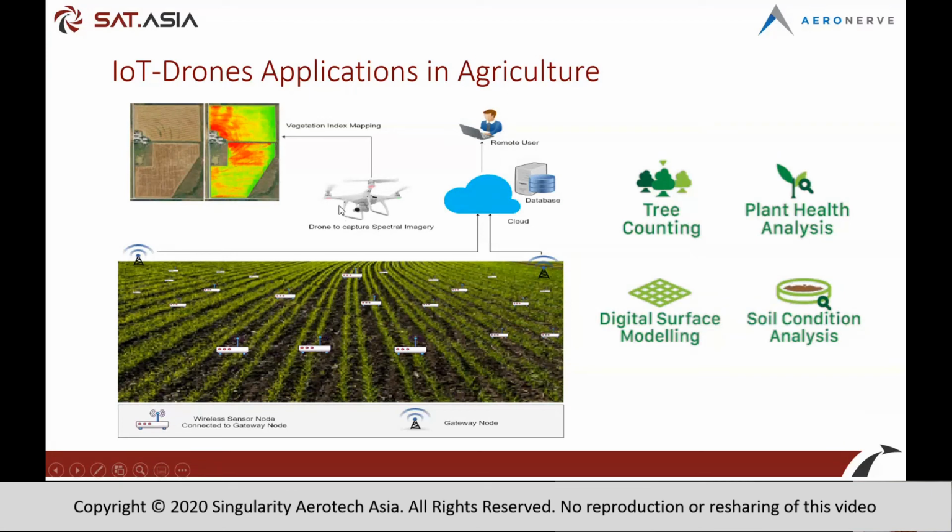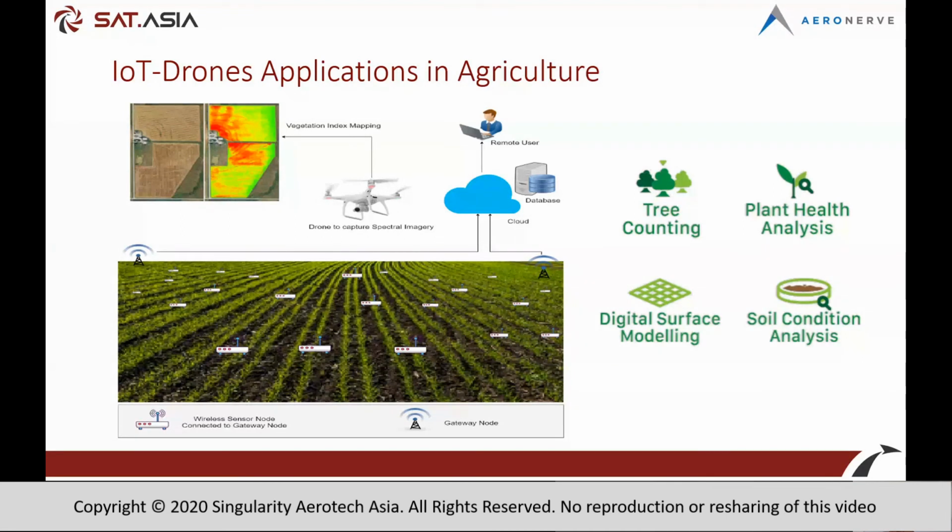The typical architecture of an agricultural IoT application is that you have sensors on the ground, which is something called a wireless sensor node. Okay, it's actually a network of sensors. So the other day when we were visiting the Jalan Kebun, I think one of the questions that was asked is how do you correlate the accuracy of each data from the sensor. Okay, this is one of the methods.